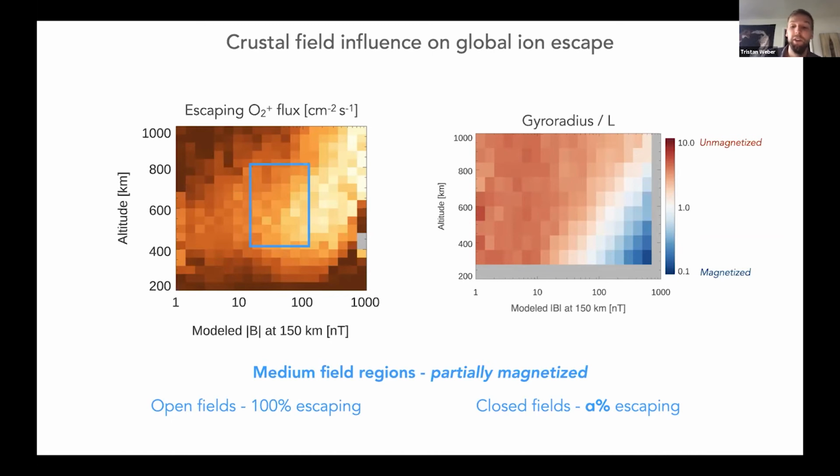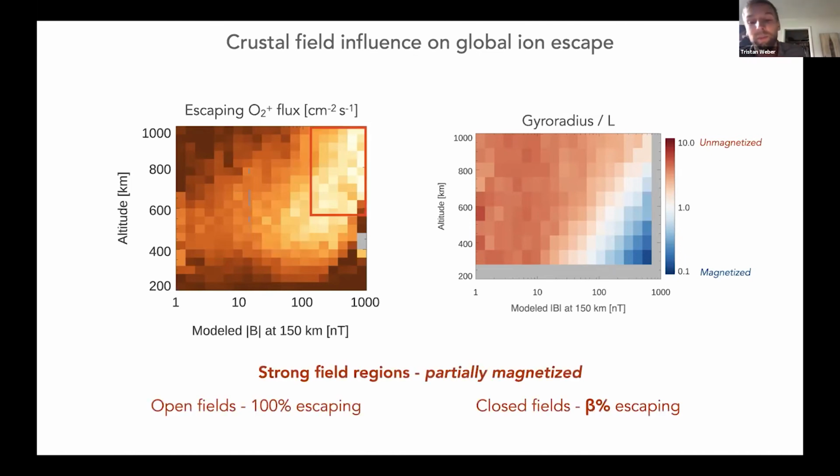On a closed field, I'll say it has an alpha percent chance of escaping. And then on the strongest fields, I'll have another parameter, beta, that I introduce with the same idea. In the strong field regions, on open fields, particles can escape, but on closed fields, they only have this beta percent chance of escaping based on this partially magnetized regime we're in.